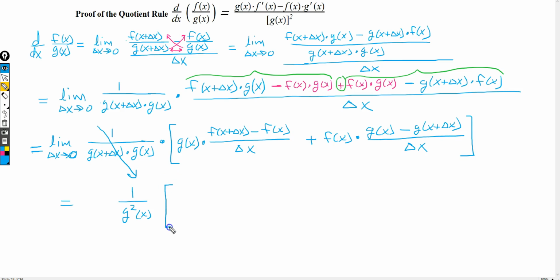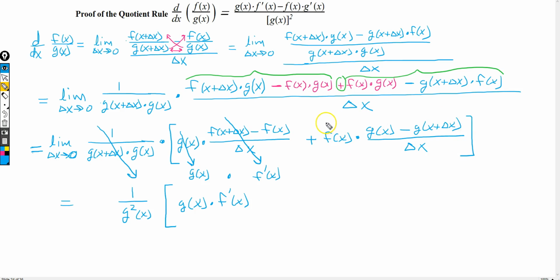Now over here, this g of x stays g of x. That doesn't depend on delta x. This term right here is your derivative of f. That's f prime. So you see what you're getting is g of x times f prime of x.